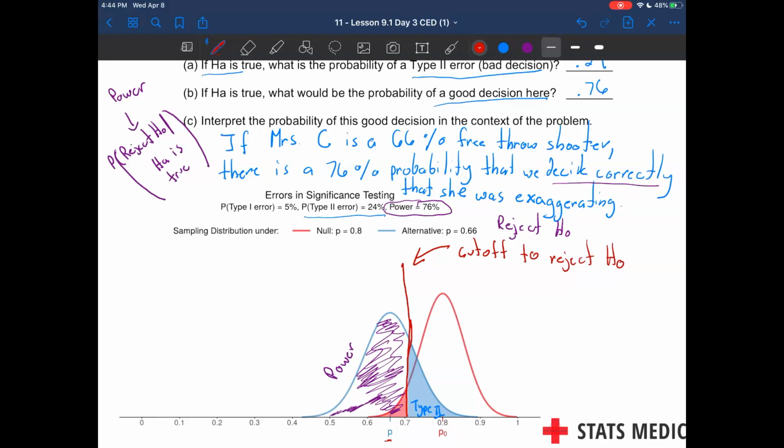So if this is the cutoff where we're going to reject our null hypothesis, that means everything to the left here, I would actually reject the null hypothesis. So if I reject the null hypothesis, and I shouldn't, that's going to be a type 1 error, and we would see that this little piece right here is where your type 1 error is going to occur.